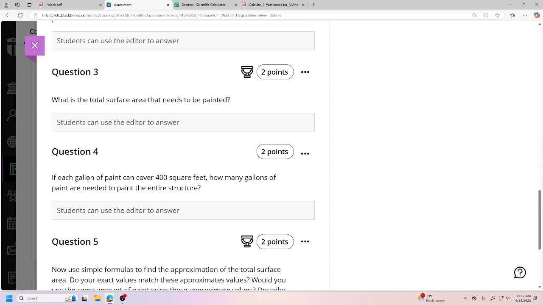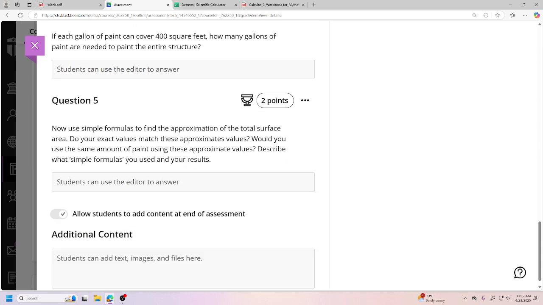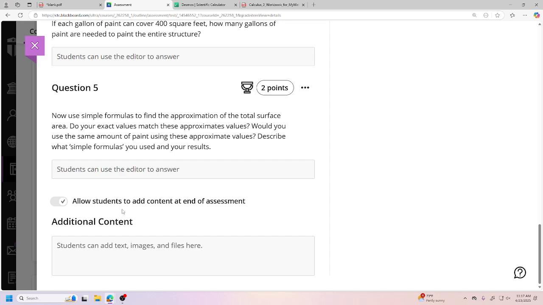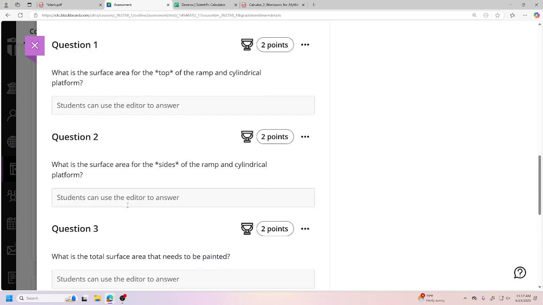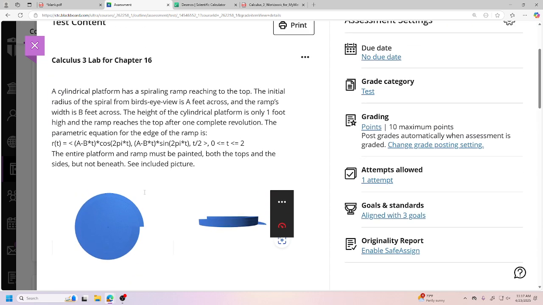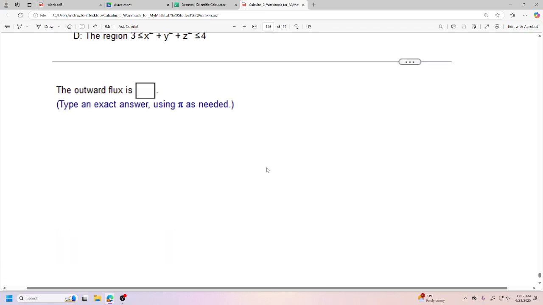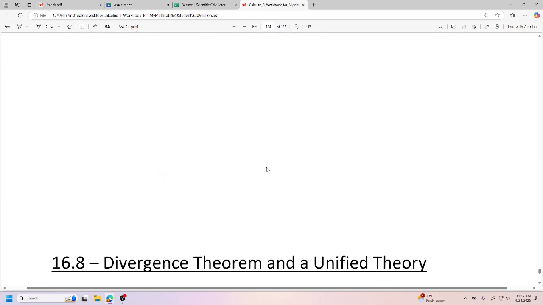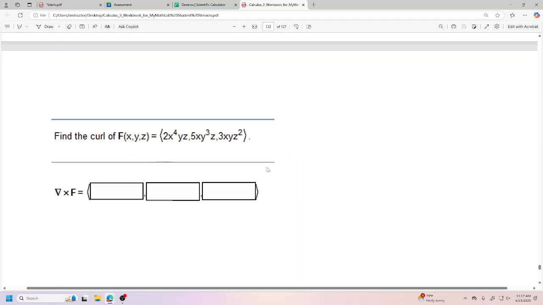Total surface area. This is your paint. Talk about it. Okay. So in the end, not too bad. We have a surface area formula though, don't we? That was actually the last section we were just talking about. Let me pull that up. So back to what we were seeing.